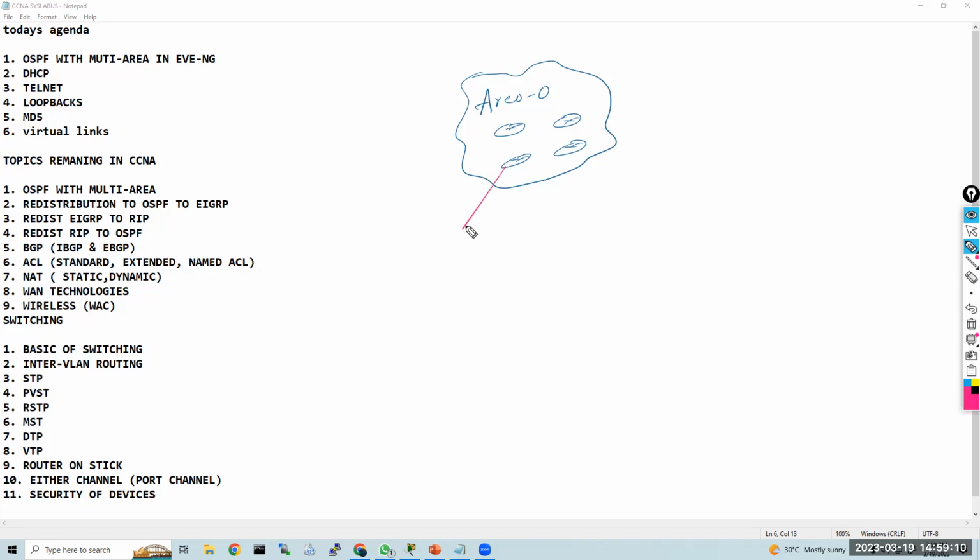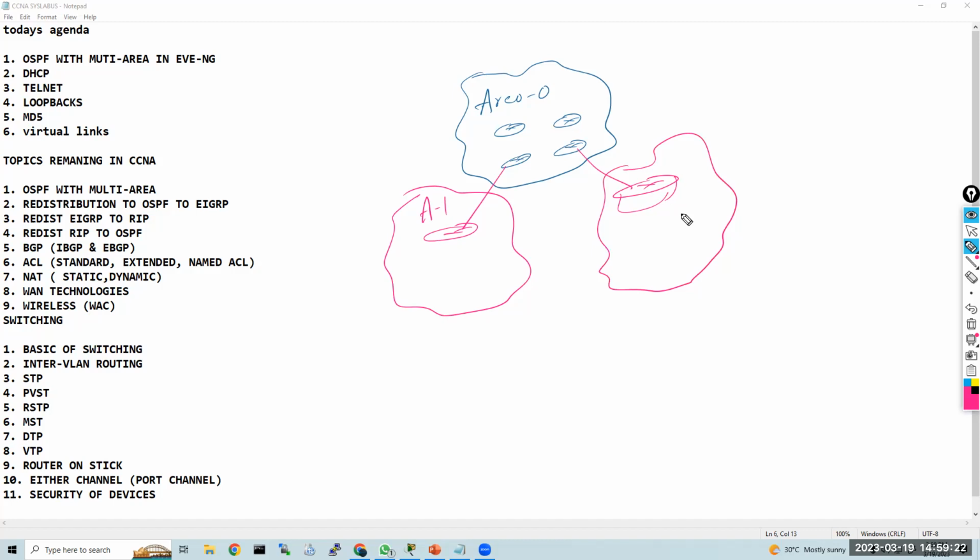This one can also connect to another area. For example, this is area 1, and here we can connect one more area, this is area 2. Inside we can run a lot of routers, and a huge network is connected inside. This one also connects with another area.